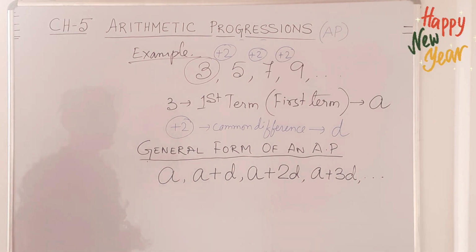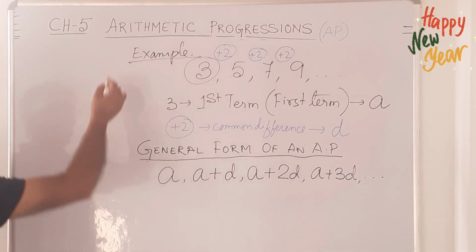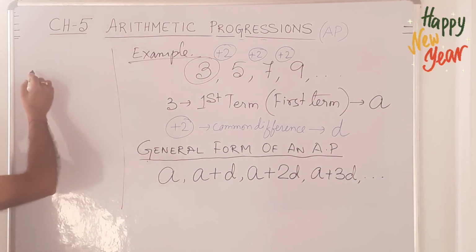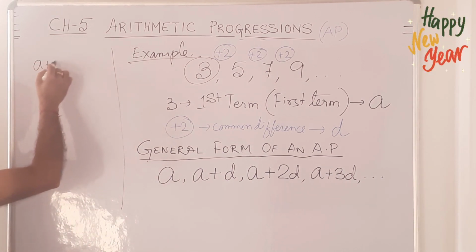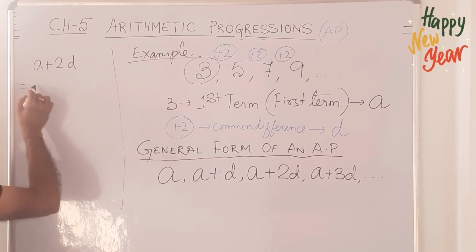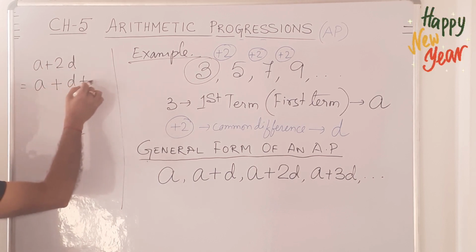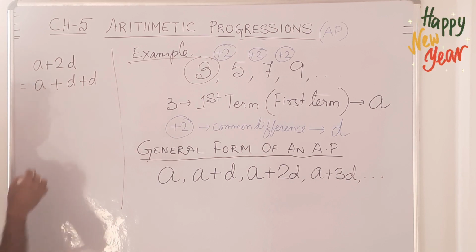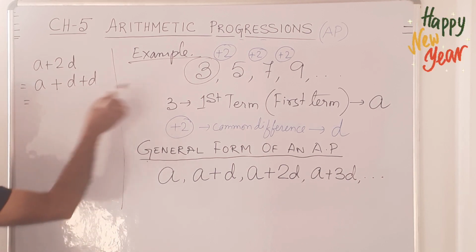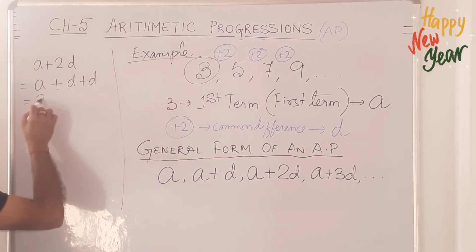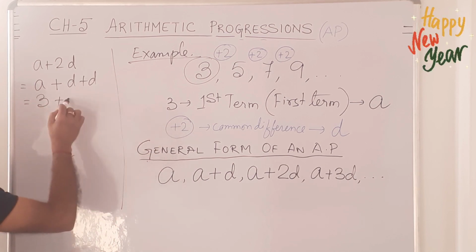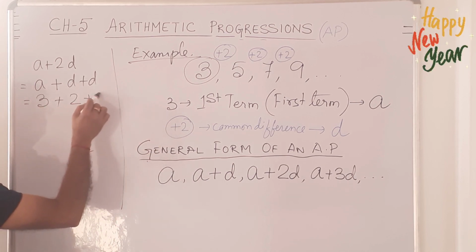Now you will say, sir, how is 2D coming? If you see nicely, A plus 2D means A plus D plus D, 2 times. A is 3 and D is 2, again 2.